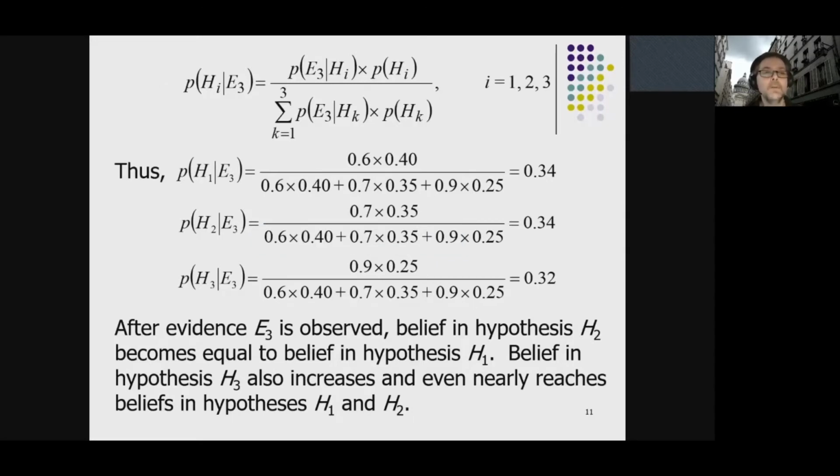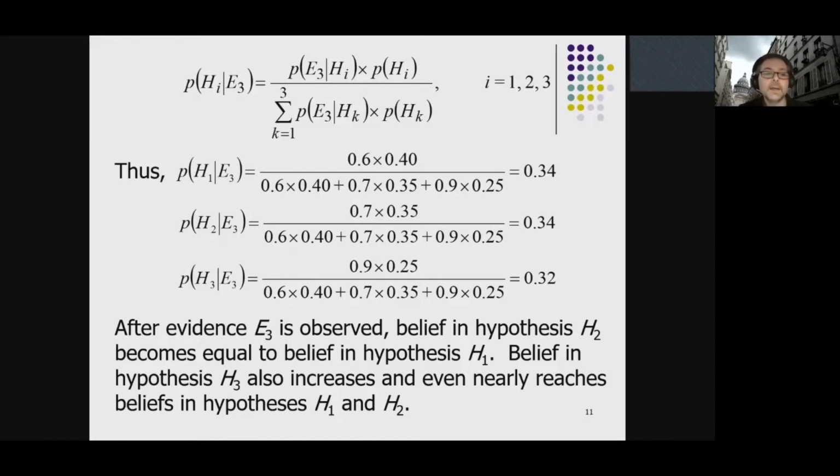So we have the probability of a hypothesis given the only piece of evidence is E3 in this case. This makes calculations simple, and you can see my calculations on this slide. So the first is to calculate the probability of H1 given E3, and in this case it is 0.34. Second one, the probability of hypothesis 2 given E3, 0.34 as well. And the third hypothesis is 0.32.